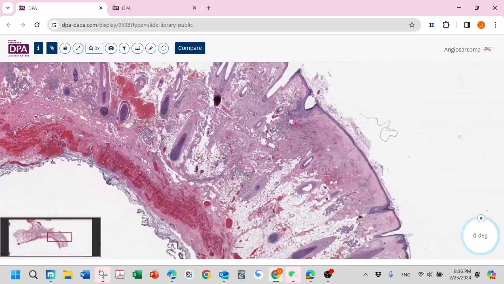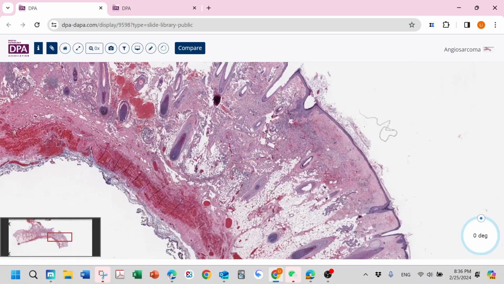And then regarding immunohistochemistry staining, we already know we need to use a classic blood endothelial marker. We usually use CD31, which is a membrane staining, and then you can also use ERG. These two markers are really sensitive for endothelial cells.